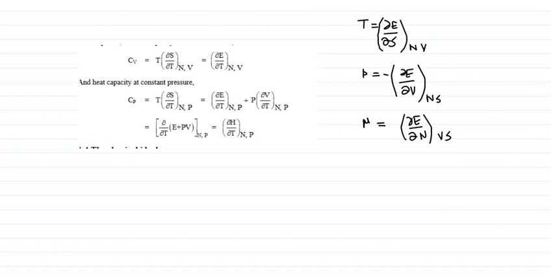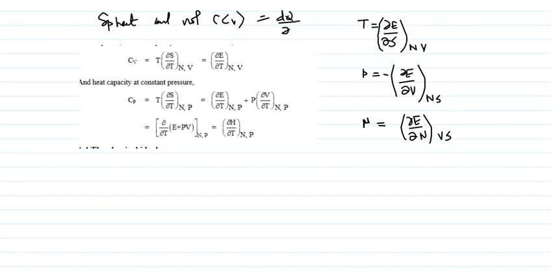Similarly, you can find out other thermodynamical relations like specific heat at constant volume, Cv, that is equal to dou Q by dou T, right? And what is dou Q? It is nothing but T dou S by dou T, right? So T dou S by dou T, and T is what? T is dou E by dou S. So you can easily cancel dou S from here and dou S from here.